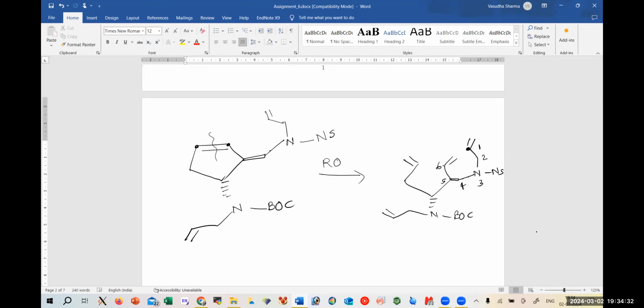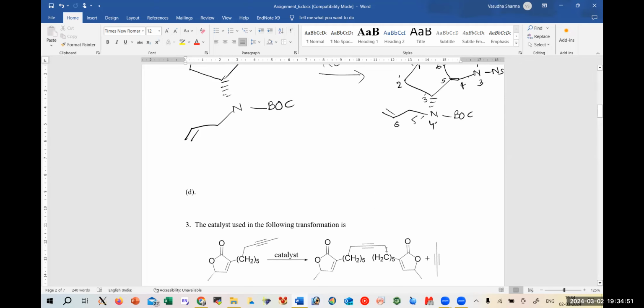This will make a 6-membered ring. Now 1, 2, 3, 4, 5, and 6. I'll just mark it as 3, 4, 5, 6. So this side also it will give you a 6-membered ring. So when you have a 6-membered ring option compared to the 5-membered ring, always it will go for the most stable ring. So what will it form?